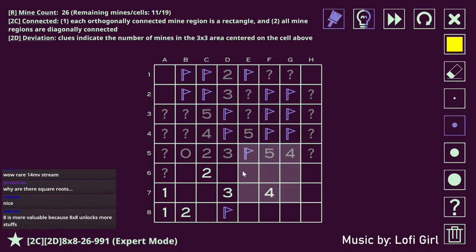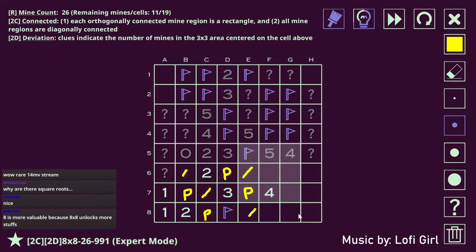So the 4, these can't both be empty. If this is a mine, then this is empty. We'd also know that this is a mine. That doesn't help, does it? Empty, mine, empty, mine.